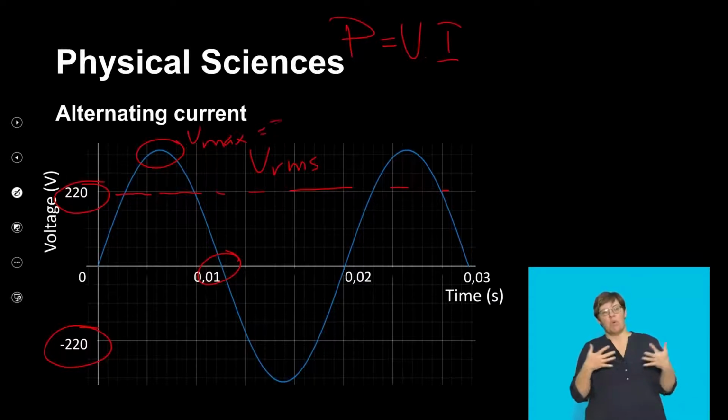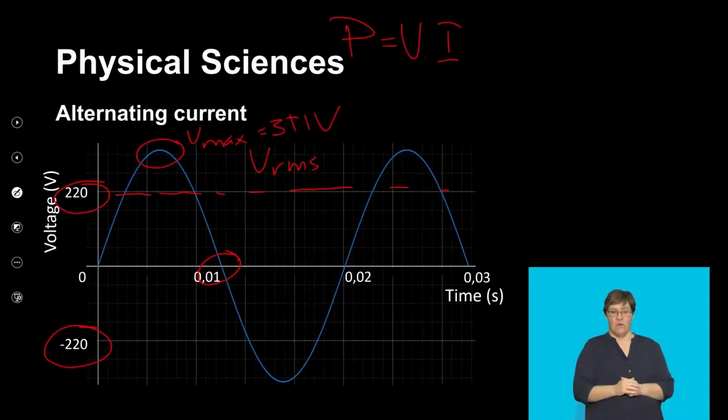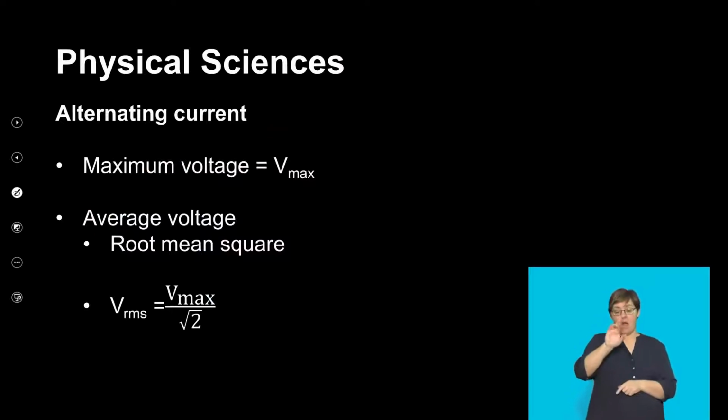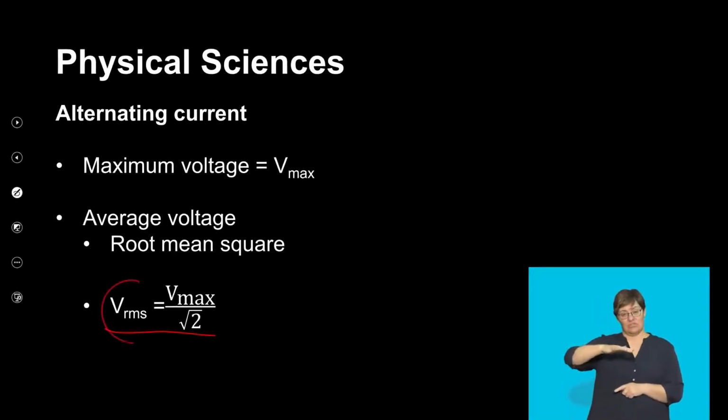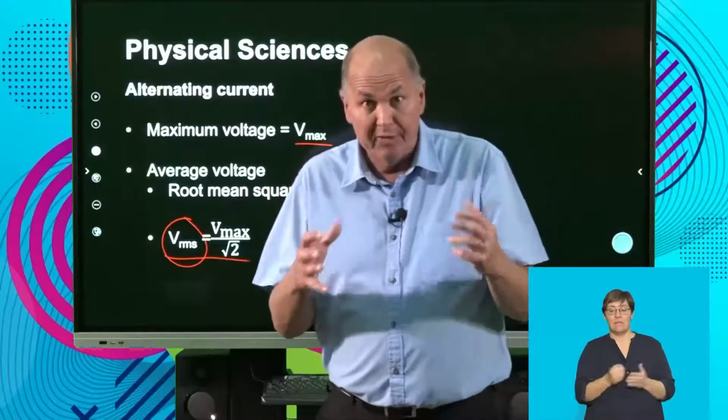It's about 311, if I remember correctly, but we'll be able to do a calculation to show that. In the same way as we had IRMS, we've got VRMS over here, where we're looking at the average value for the voltage that is produced for alternating current. So please remember the difference between these and make sure that you're following that very carefully.